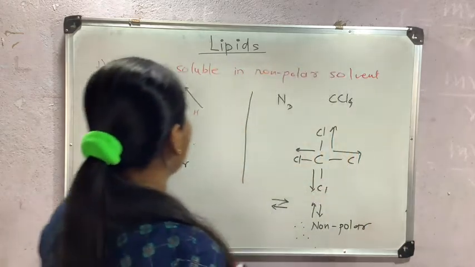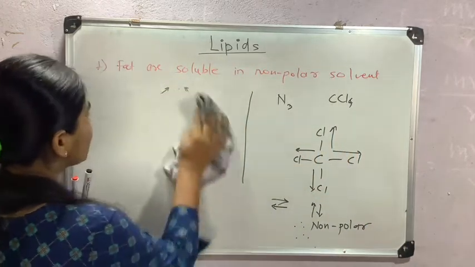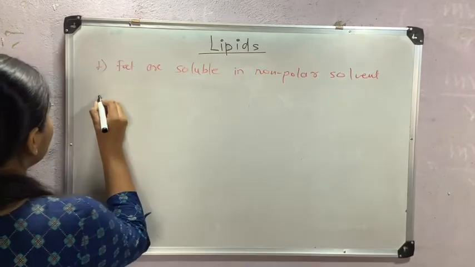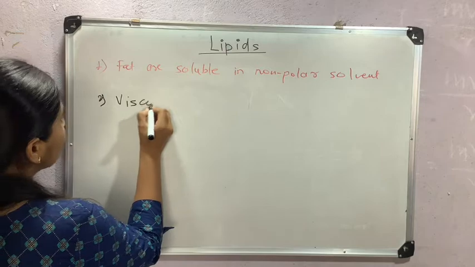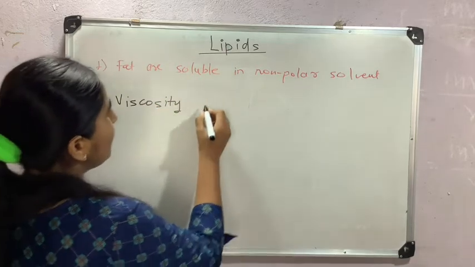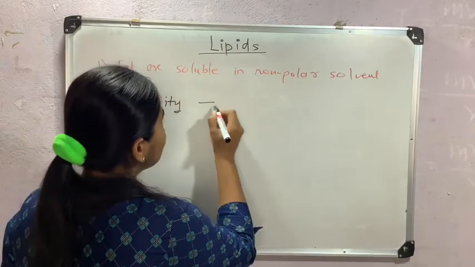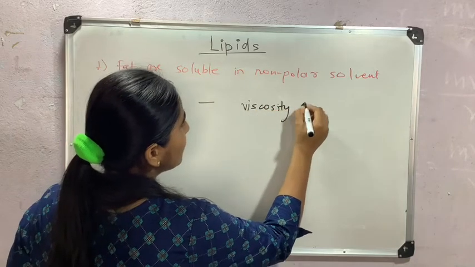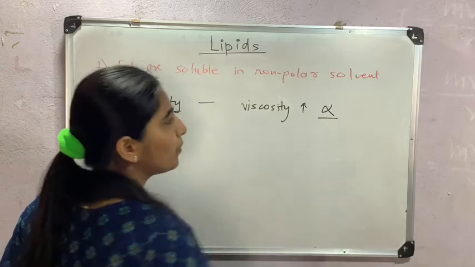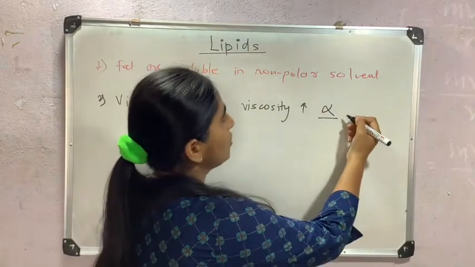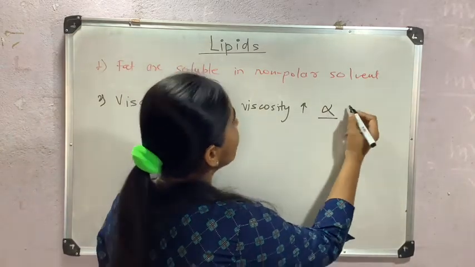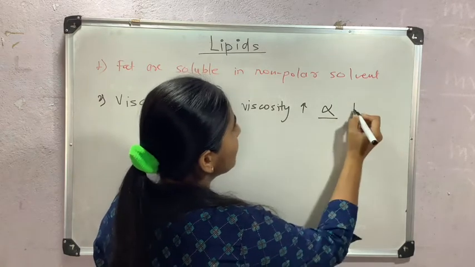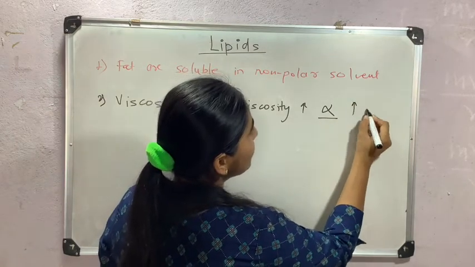The next property is viscosity. We know that viscosity is resistance to flow. The viscosity of a lipid increases with increasing saturation.